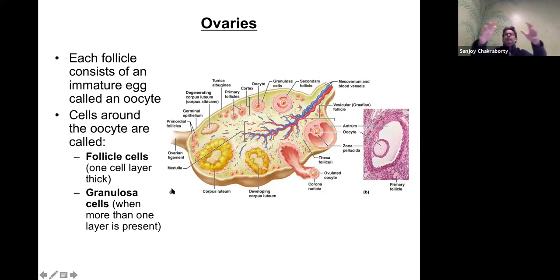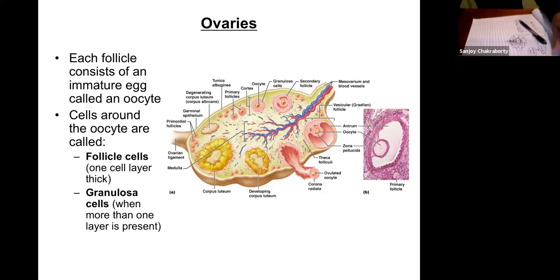When there are multiple layers of cells guarding the egg, we call those cells granulosa cells. So that's the first thing. Now the second thing to understand: if the egg is surrounded by cells together, that is known as a follicle. So when somebody is referring to a follicle, this is the egg, that's the egg.